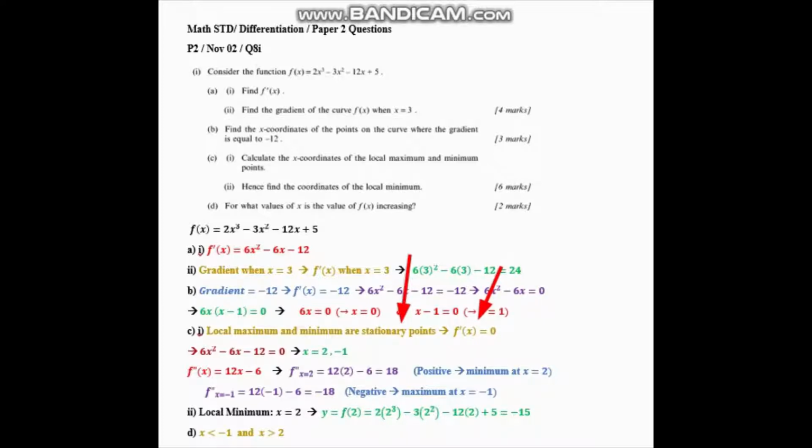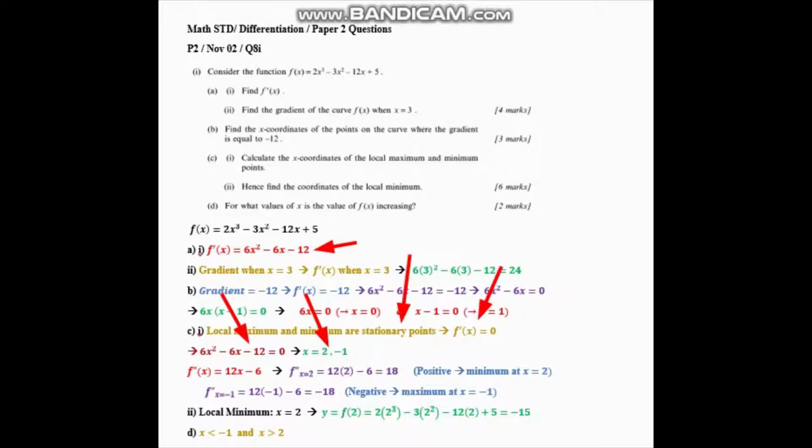So in order to get the x coordinates of both, I just need to set f dash of x to 0 and solve for x. So this is what I've done. 6x squared minus 6x minus 12 equals 0. You can either use factorization or write it down on your GDC and find the zeros. Whichever technique you use, you shall find that x equals 2 and x equals negative 1.